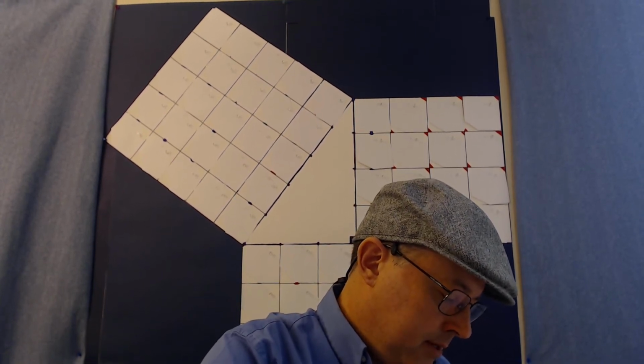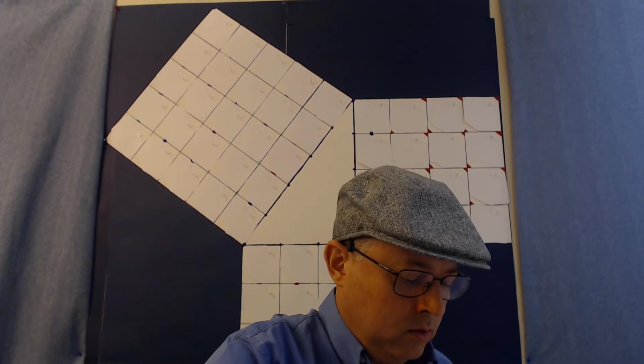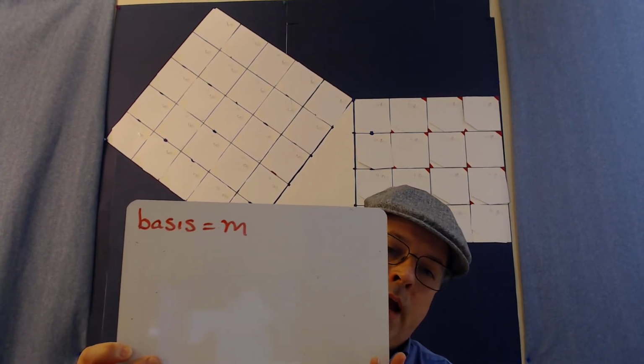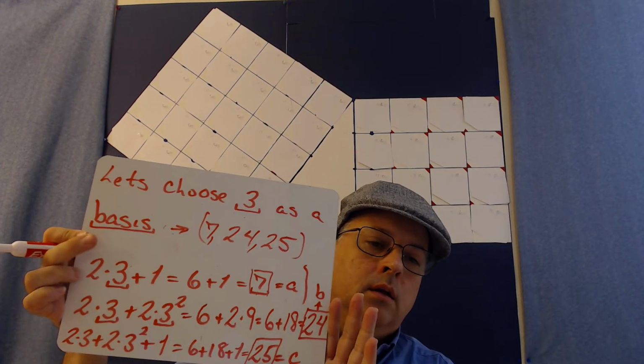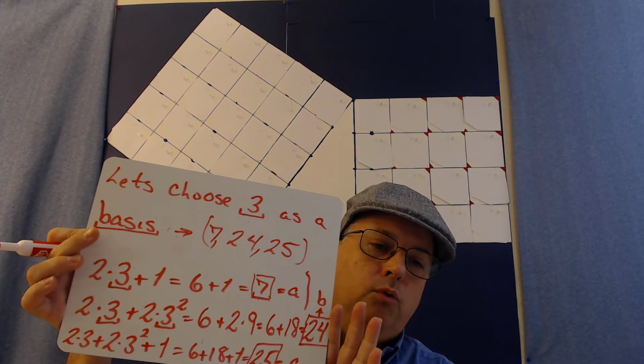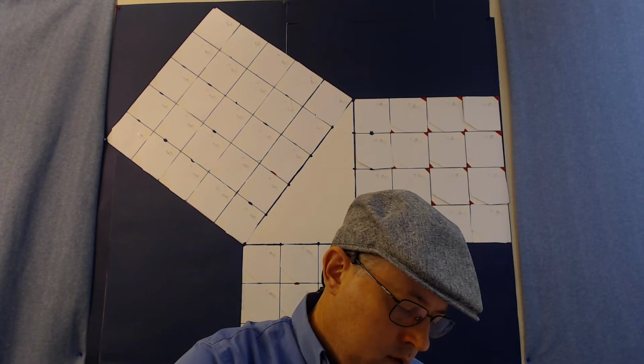So we have a basis equal to m. And then let's remember what we did with that basis. First, we doubled it and added 1. So that's 2m plus 1.